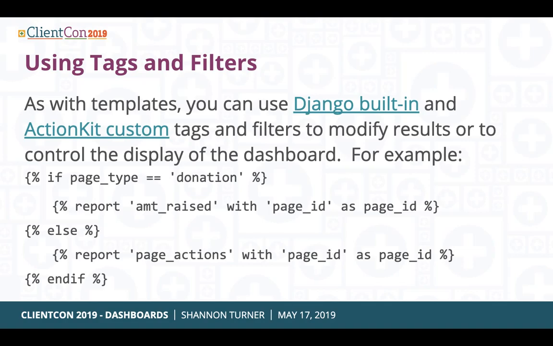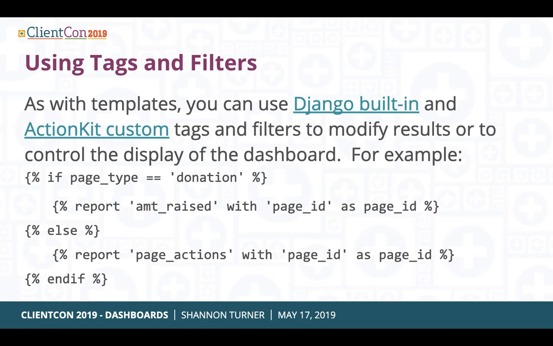Next, we're going to switch gears a little bit. Like you do with templates, you can use Django built-in tags and filters and ActionKit custom tags and filters in order to modify results or control the display of the dashboard.